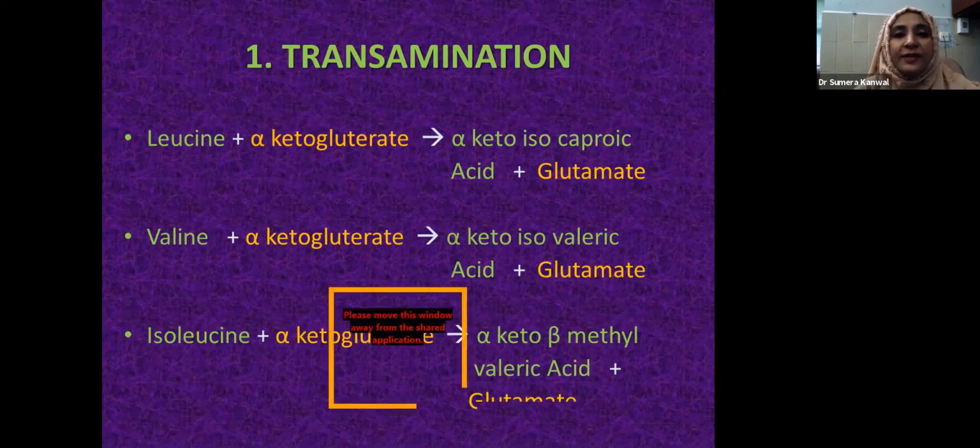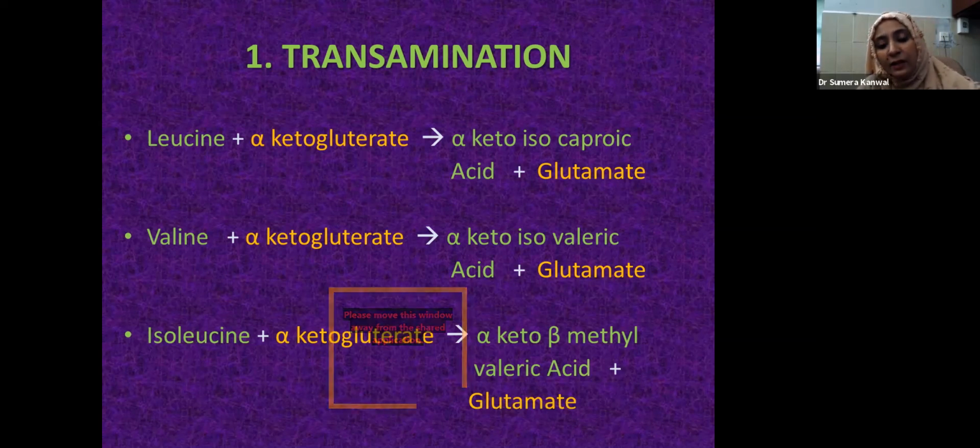So the first step of the catabolism of these amino acids is the transamination, the transfer of their amino groups to alpha ketoglutarate, which converts these amino acids into their respective alpha keto acids and alpha ketoglutarate into glutamate.